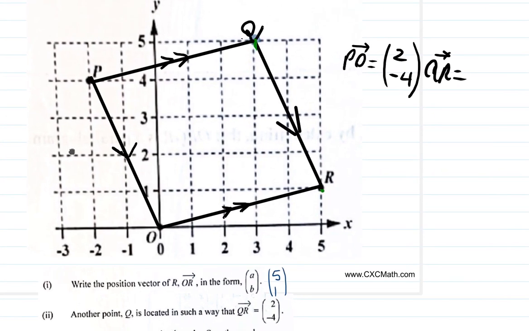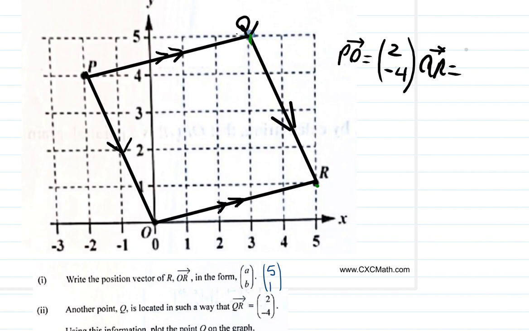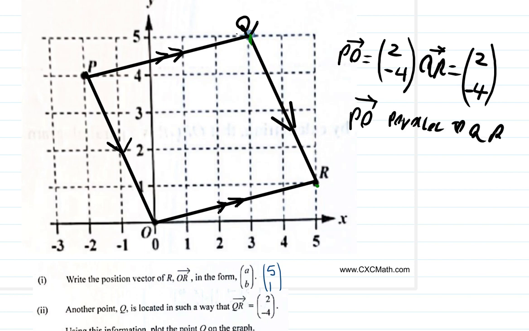What is QR equal to? QR then is going to be, to go from Q to R, you move horizontally 2 to the right, vertically 1, 2, 3, 4 down. So it's 2, 4. Downwards means negative 4. Therefore, PO is parallel to QR. Show that.